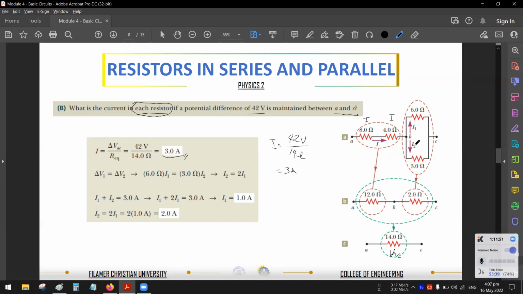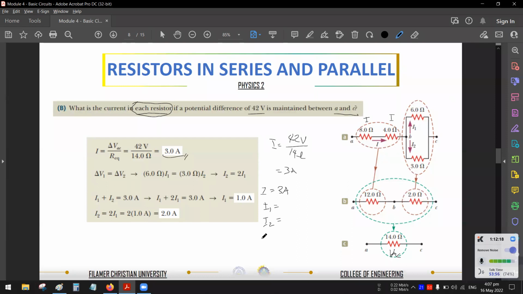Diba? So meaning, yung I mo dito, which is 3 amps, and then you have your I1, which is unknown, and you have your I2, which is unknown din.